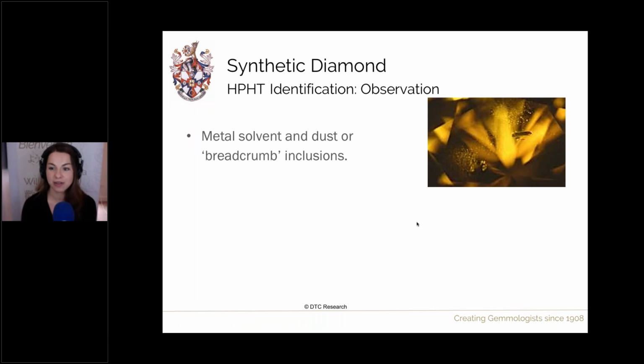So first off, because these are created within a metallic flux under high temperature and high pressure, we can have some of this metallic flux trapped in the growing diamond. So sometimes you end up with these metallic inclusions inside the stone. So these will be heavily reflective and also often of angular or rod-like shapes.